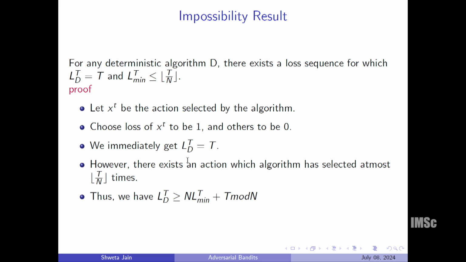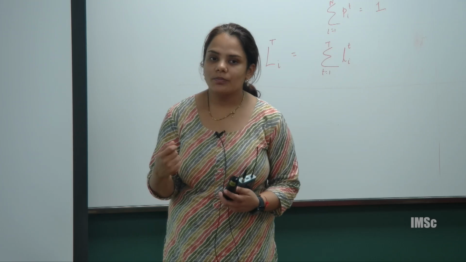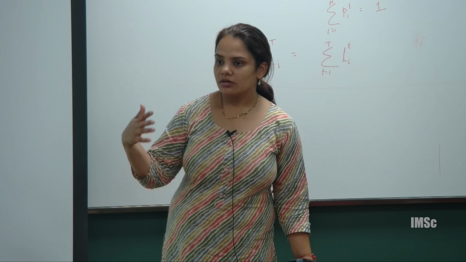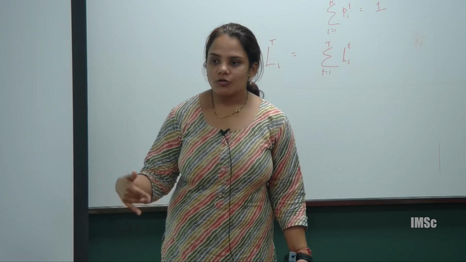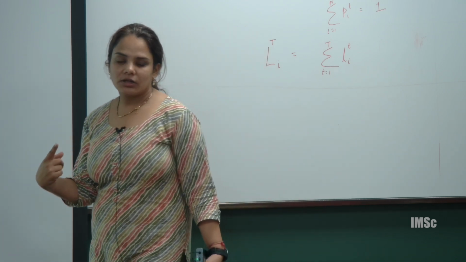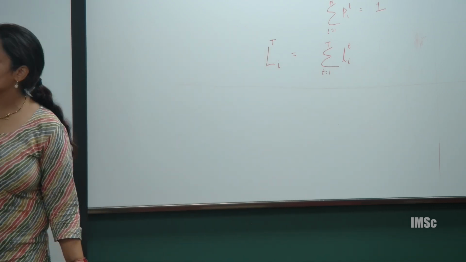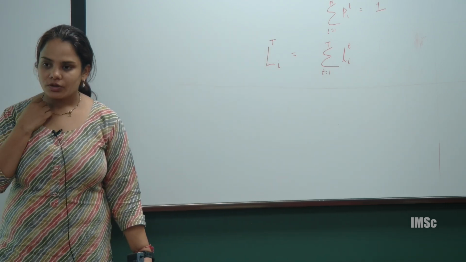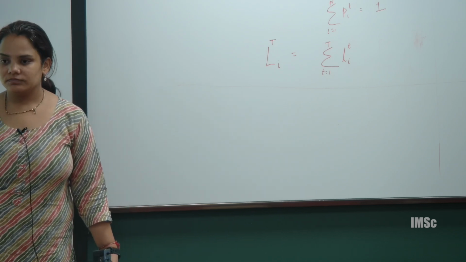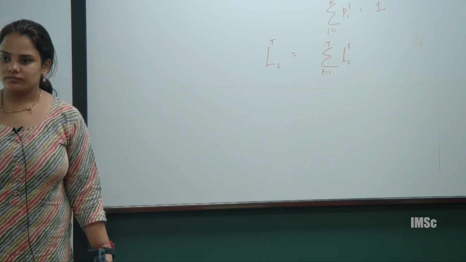Because after each n rounds you would be adding 1 to the optimal. So which one will be your optimal one? Your optimal one will be the one which would have got the least loss. There will be at least one arm which would have been pulled less than or equal to T by n times, and that arm would not have got the loss.